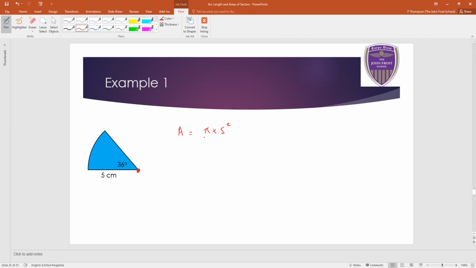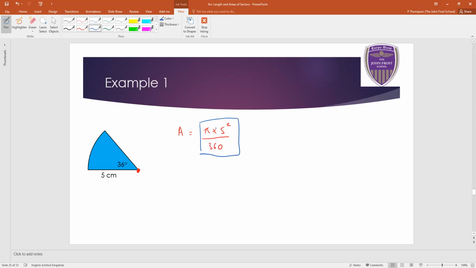So I will use the same trick as the arc length video. I will divide this by 360. This will tell you the amount of area in 1 degree of sector, because on top is the whole circle, and there's 360 degrees in the circle.